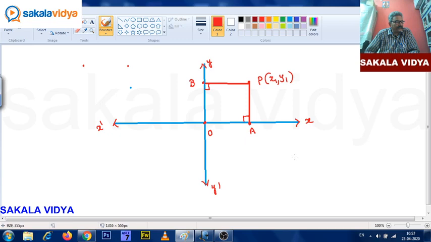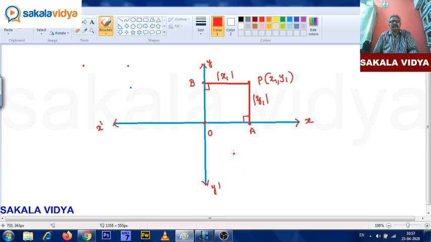Anybody? Nandini, Dishu, Sai Pranav, I asked one question. Sandeep, okay. What is the distance from this P x1 comma y1 to the x axis? X axis, not x1, wrong. So, you see the distance here is mod y1, and this is mod x1.